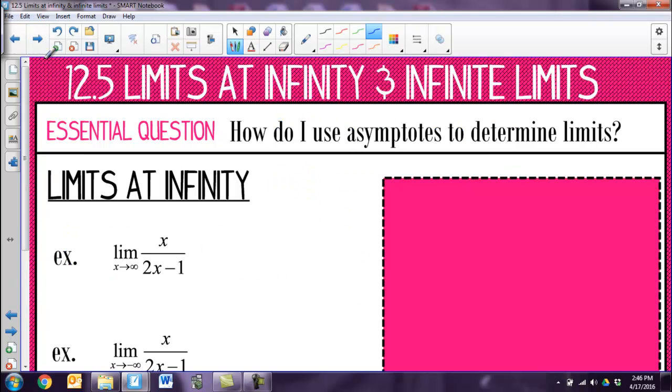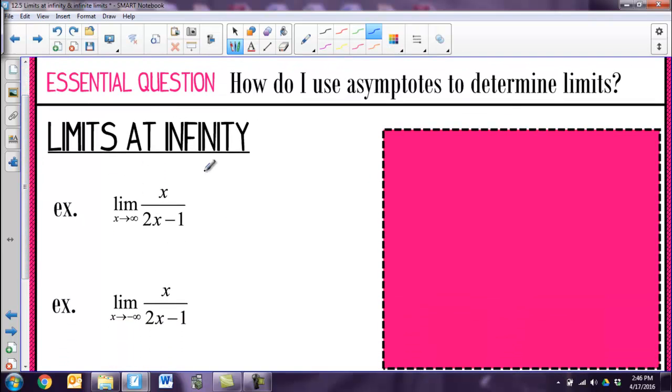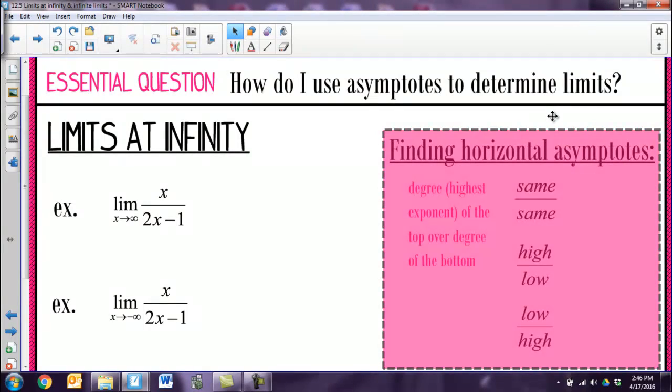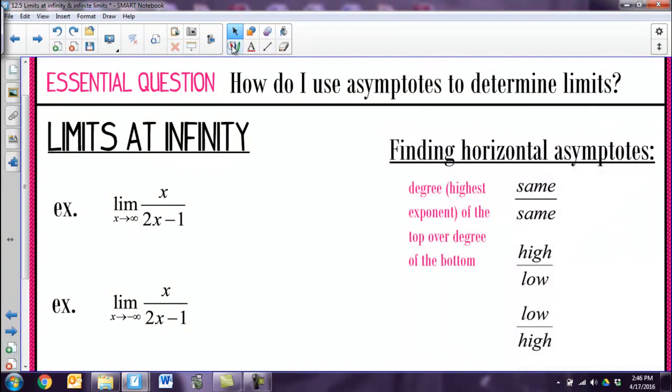So if I look at something that doesn't have a picture, if I'm just looking at an equation, you're going to have to remember how to find a horizontal asymptote. In order to do that, we're going to use the degree of the top over the degree of the bottom. And the degree is just the highest exponent. So if I looked at this example, the degree of the top is 1, the degree of the bottom is 1, and so that's same over same.